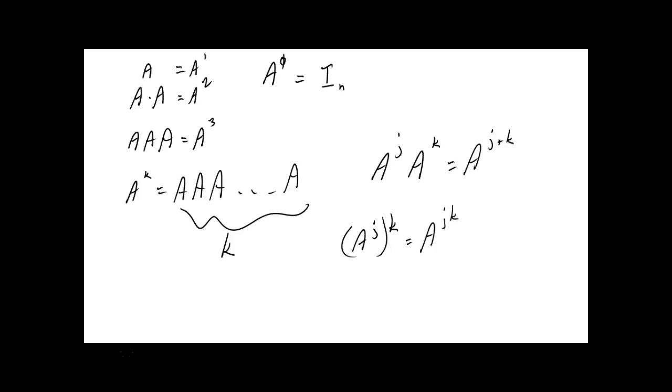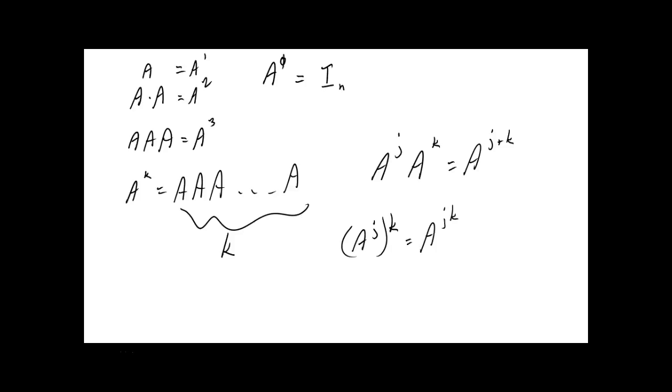Just like we did with real numbers as well. Now, j and k are non-negative integers. In real numbers, you can have 7 to the minus 3 power. That's fine, that's 1 over 7 cubed. We're not there on matrices. We're keeping positive powers, not negative powers.